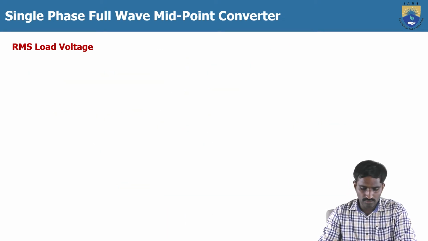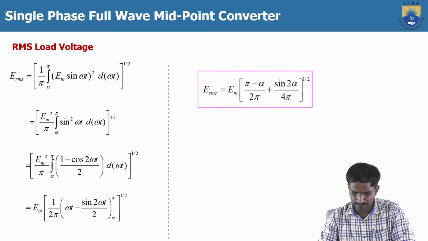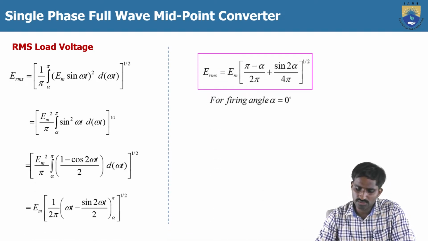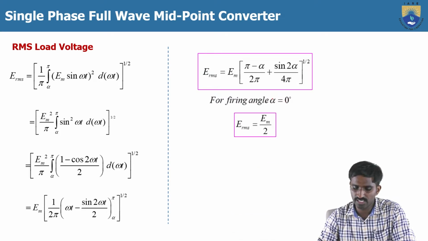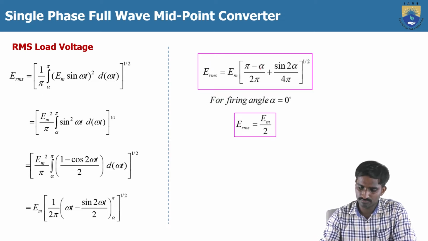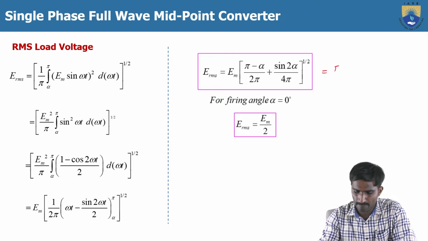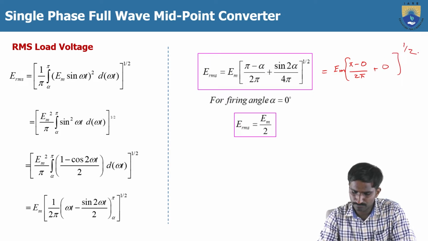Then, the same thing I have mentioned here. Suppose you take the firing angle alpha equal to 0, then what is the ERMS? ERMS is equal to EM by 2, because here you can see EM into pi minus alpha equal to 0 by 2 pi, and sine 0 is equal to 0, so 0 by something is 0, whole to the power of 1 by 2.